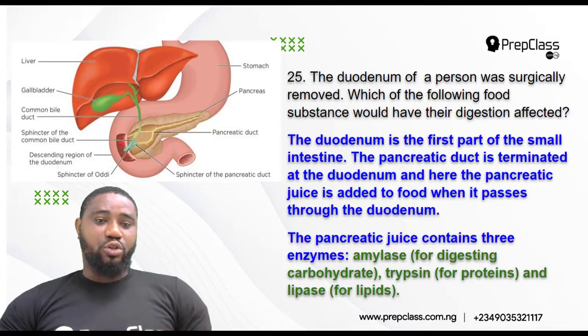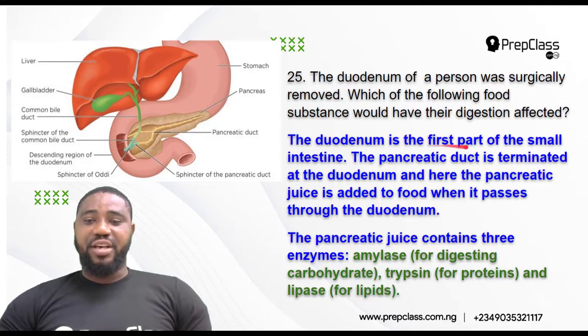So in this duodenum, the gallbladder has its duct that terminates here, and the pancreas has its own duct that terminates here. So the gallbladder empties and the pancreas also conducts its liquid into the duodenum. So both the liquid from the gallbladder and from the pancreas enter into the duodenum.